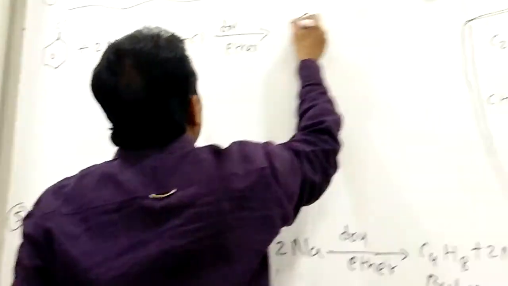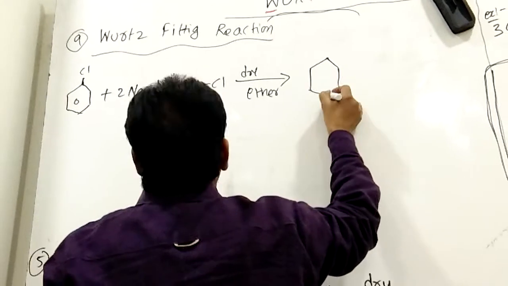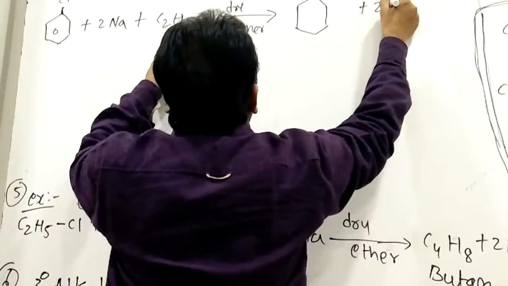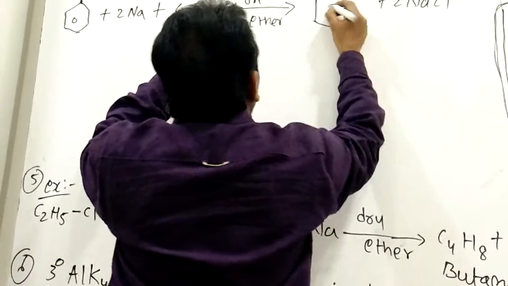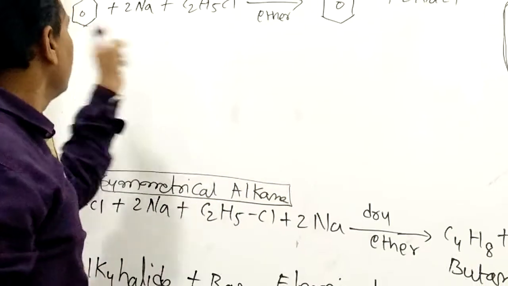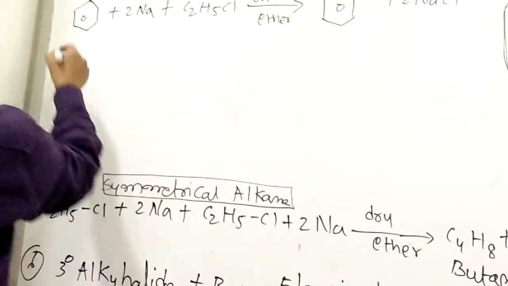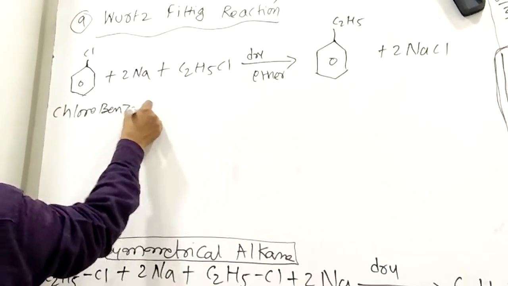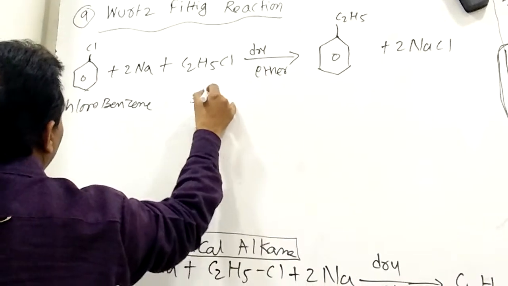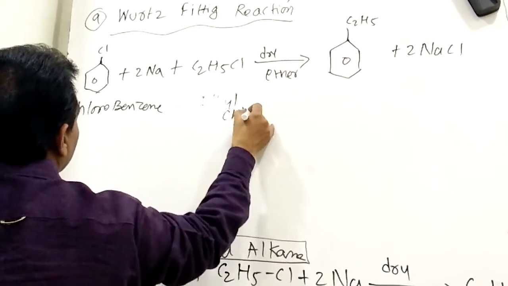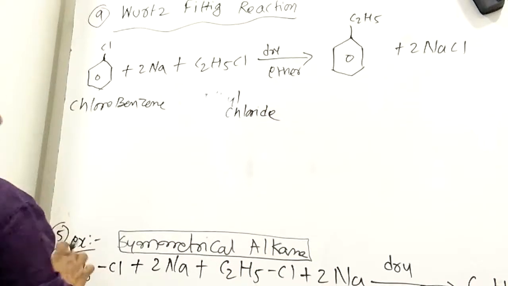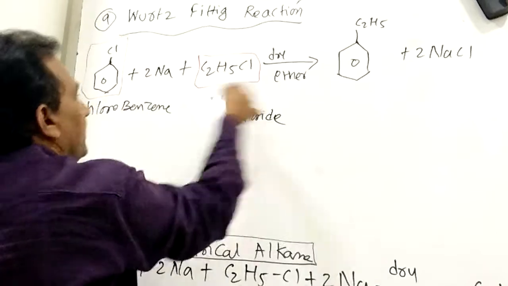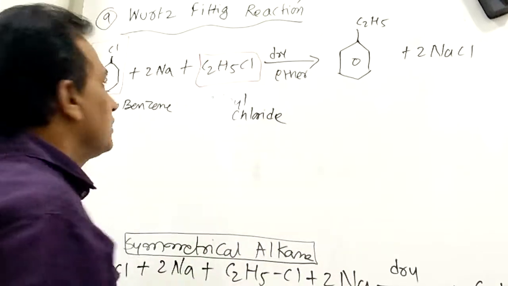Like this, plus 2NaCl. This is the Wurtz-Fittig reaction, with chlorobenzene and ethyl chloride. One is aliphatic, another is aromatic. They react and produce this; that is the Wurtz-Fittig reaction.